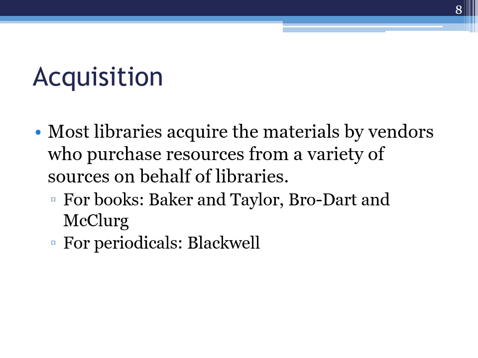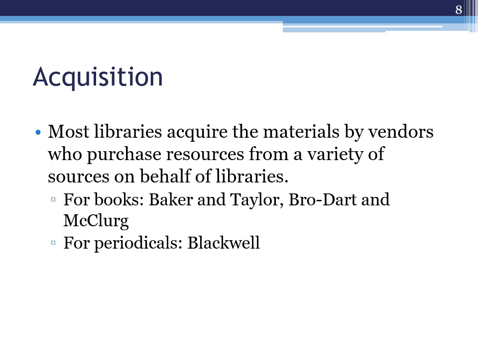After a selection decision is made, steps must be taken to acquire the information resources identified and selected, right? Format of the information is a key factor in the acquisition process.